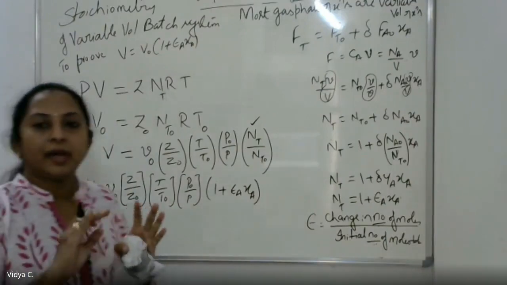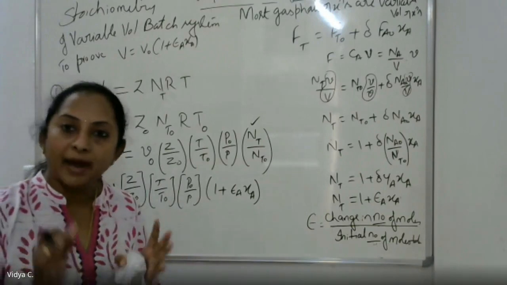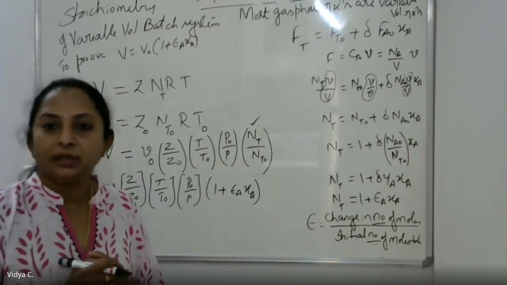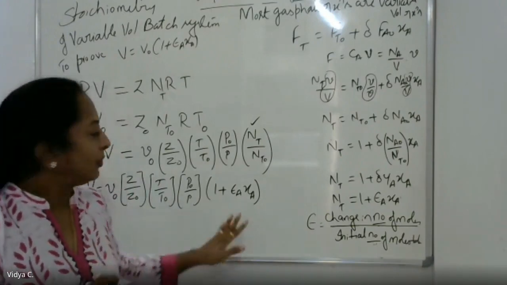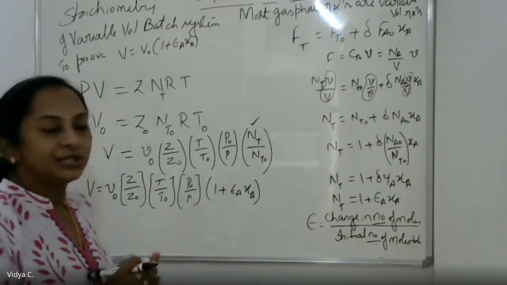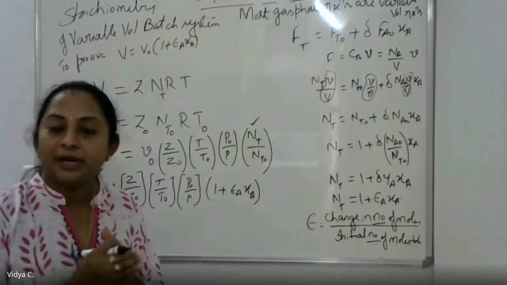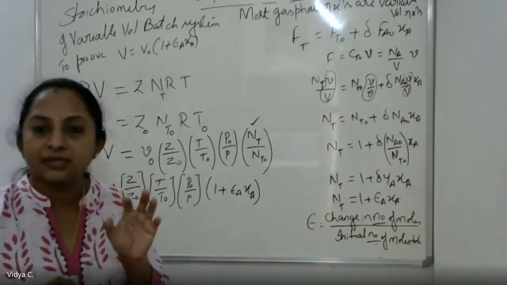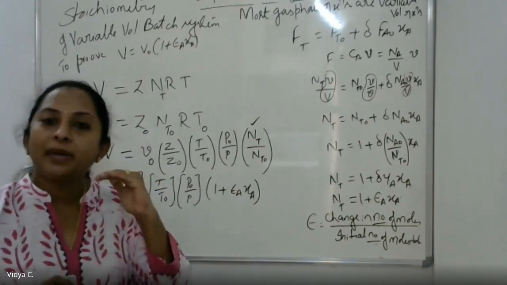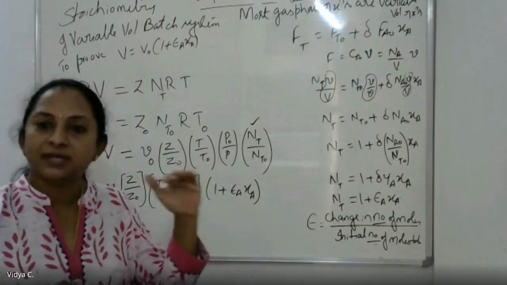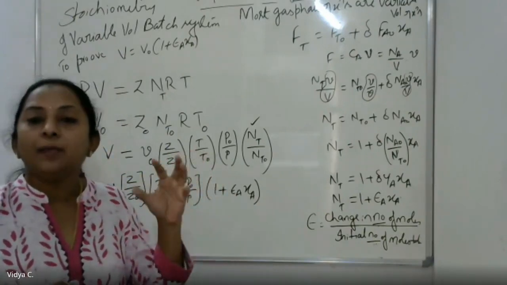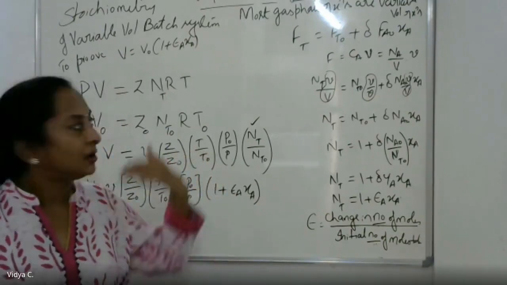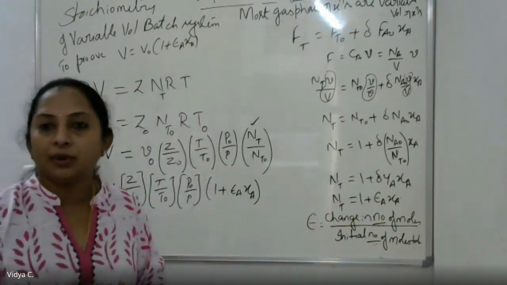If I'm carrying out the experiment in a batch mode, is the pressure and temperature changing throughout the time? No, it is not changing. It's a batch process, and I am maintaining the same temperature and same pressure. Only the number of moles are varying, and that is how I call these variable volume reactions.